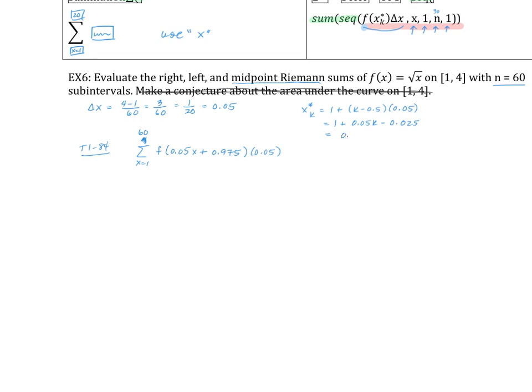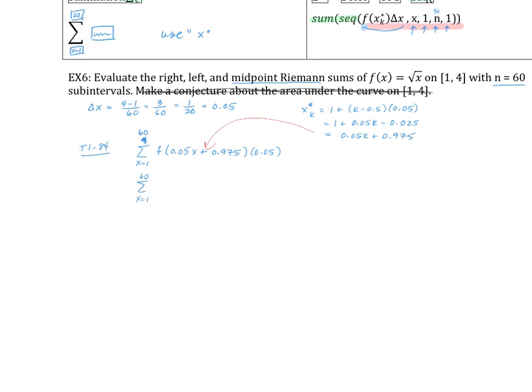This is going to be 0.05k plus 0.975. So that would be here. So in your calculator, you're going to start with 1, you're going to end with 60.